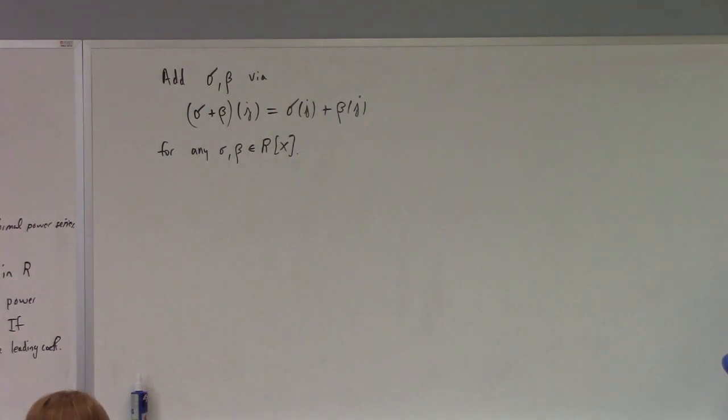But there's a question that's begged: why is sigma plus beta again a polynomial? What's the degree of sigma plus beta?